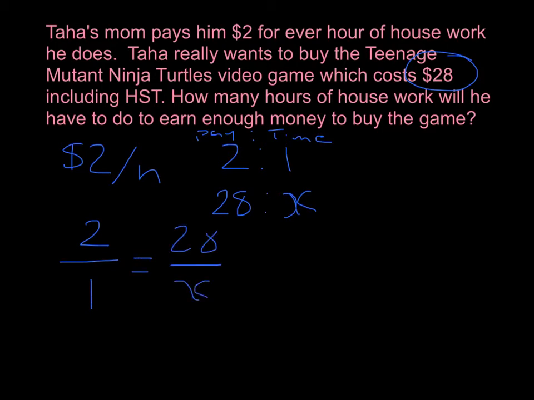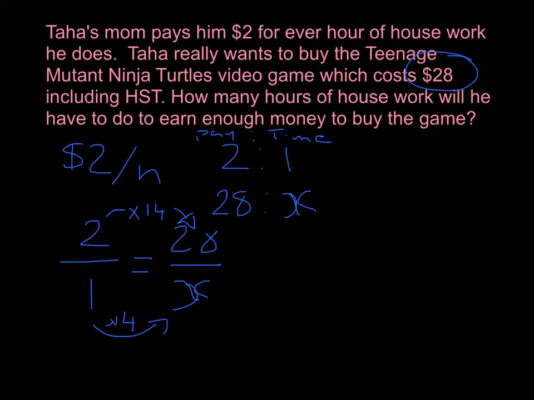And for this one, I'm going to show you the other method again so that you remember what it looks like. I try to find a number by which 2 can be multiplied to get 28. And I think about it, and 2 times 14 would equal 28. So if 2 times 14 equals 28, 1 times 14 will give me the value of x.